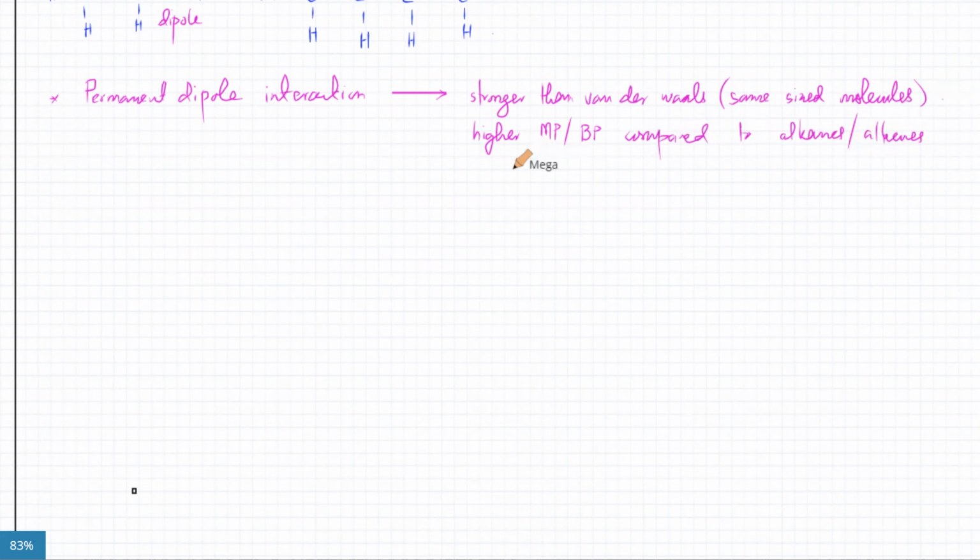So for example, if you're given a chloroethane, then its melting point would be higher compared to a normal ethane. So it's going to be higher than a normal ethane or ethene.